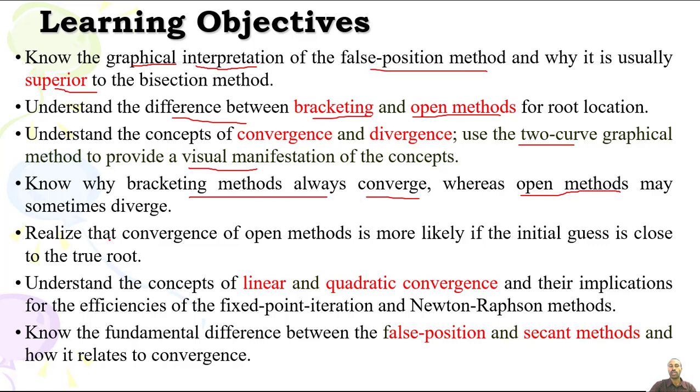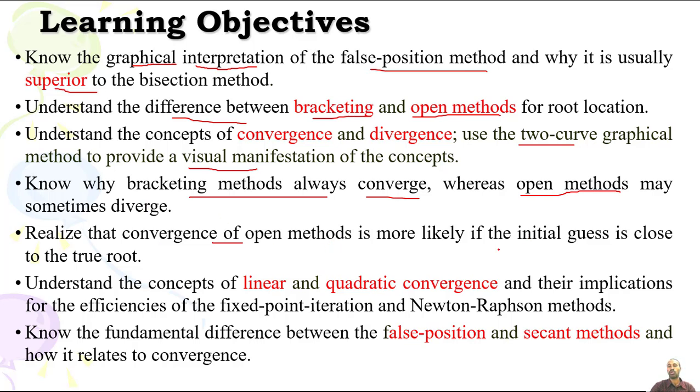And also realize that convergence of open methods is more likely if the initial guess is close to the true root. So I think the number of iterations depends upon the initial guess or the initial assumption you give to start the iteration.